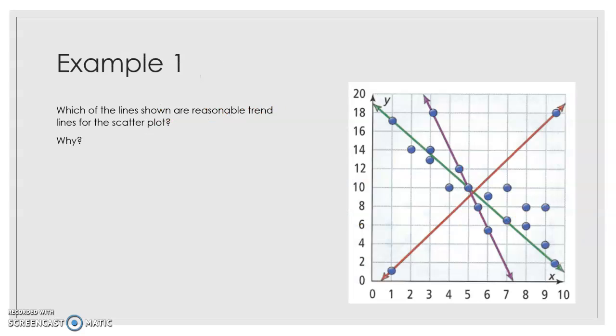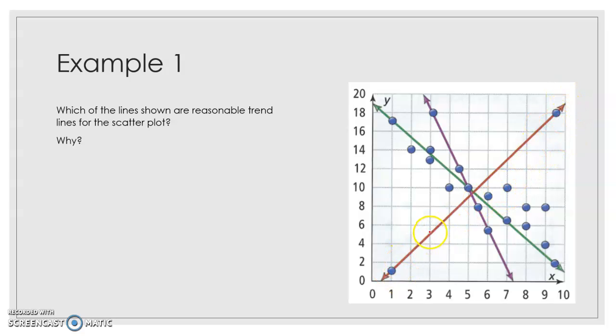So moving on to our first example, which of these lines shown are reasonable trend lines for the scatter plot? Let's start with the red line. It goes through 2 points. If we were to describe these points based off of clusters and outliers, I would call these 2 points outliers.